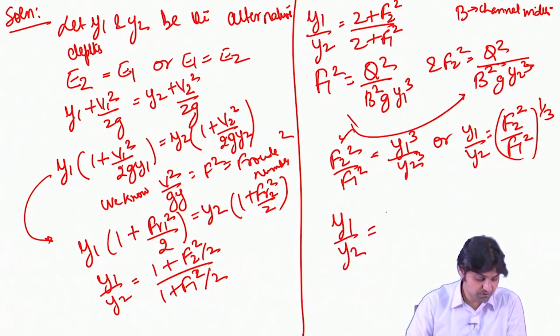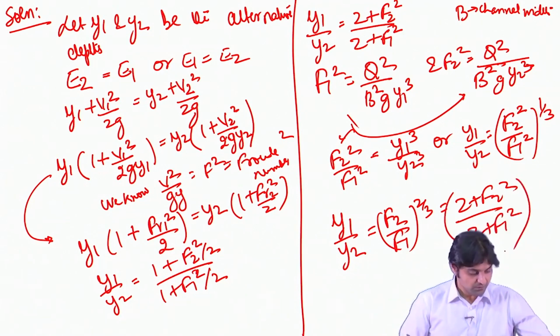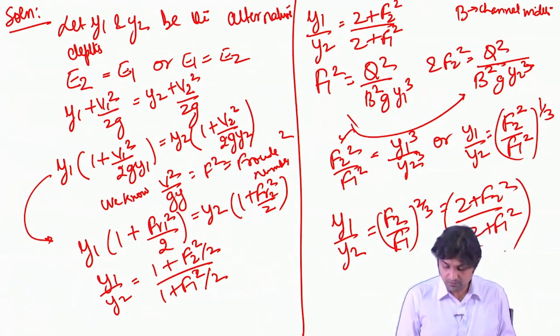So, y1 by y2 is equal to (F2 by F1) to the power 2 by 3, which is equal to (2 plus F2 square) divided by (2 plus F1 square), and this was what we had to prove.